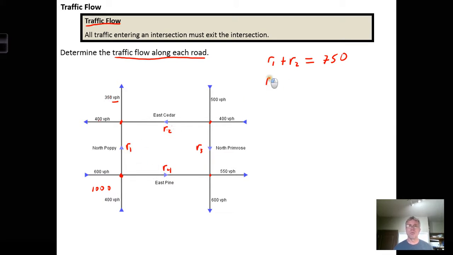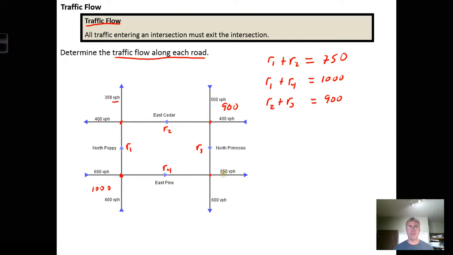So R sub 1 vehicles per hour plus R sub 4 vehicles per hour has to add up to the 1,000 vehicles per hour flowing into the intersection. Then at this intersection we've got 500 plus 400 cars per hour flowing into it, a total of 900 cars per hour. Roads 2 and 3 flow out, so R sub 2 plus R sub 3 vehicles per hour have to add up to the 900 vehicles per hour flowing in.